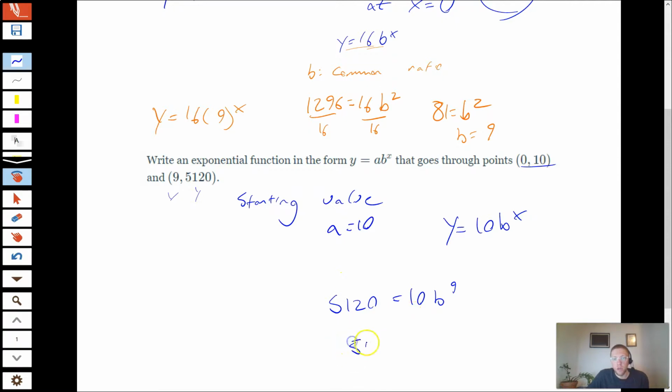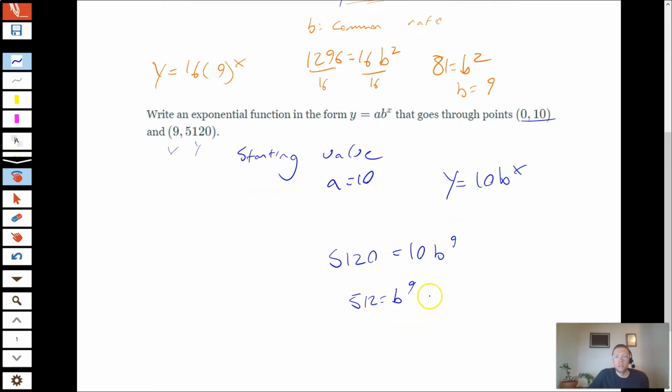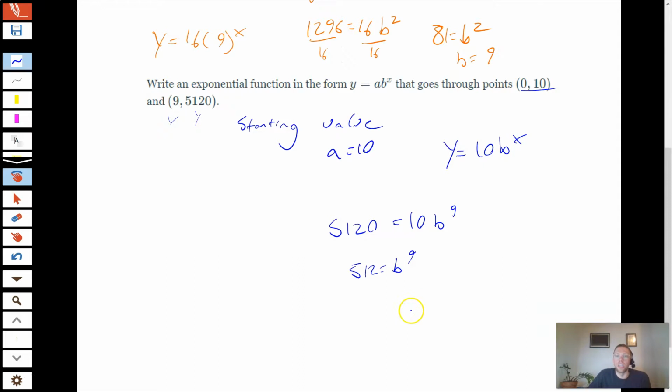So I get 512 equals b to the 9th. Now notice this one's trickier because last time I had b squared, so I could just take the square root. Now I have b to the 9th, so I have to take the 9th root.